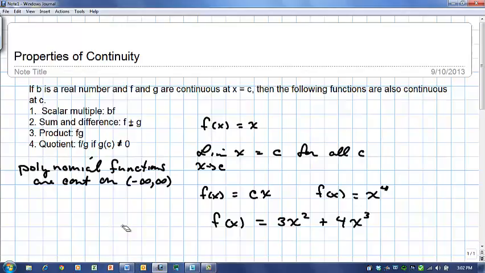Okay? Then if we combine these rules with this rule number 4, the quotient rule, we can get that any rational function, rational functions are continuous on their entire domain.